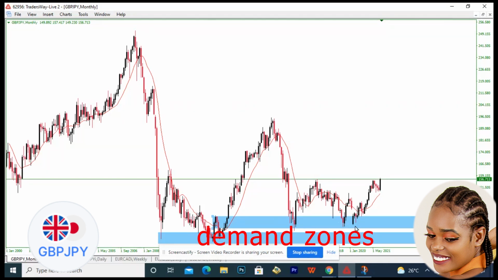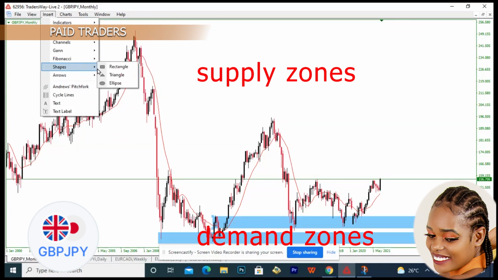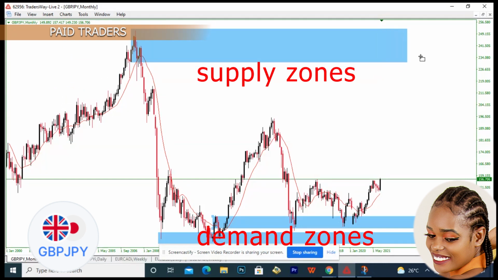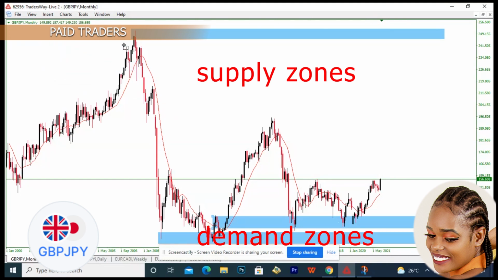It hit here 1, 2, 3 times. So I go again and look at the other zone, which is next here. I'm trying first to draw the most major zones, the ones you can see from a distance, like here, we see price hit here. So that is supply. It's an area above price action, so it's supply.